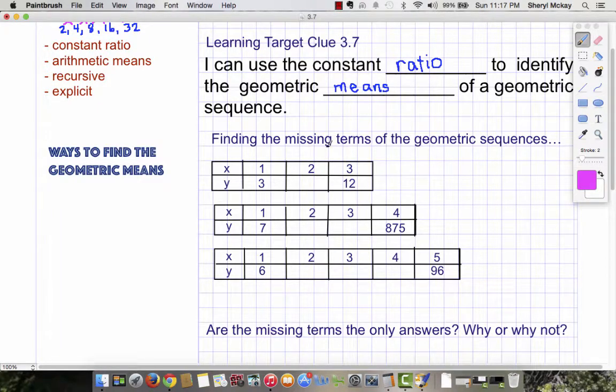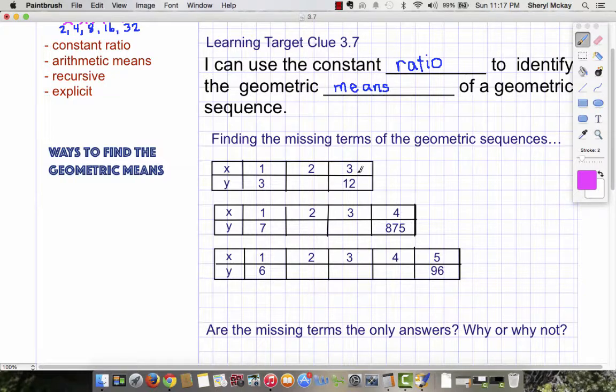Here we have: find the missing terms of the geometric sequences. So our first one, we have 3 terms. The first term is 3, the second term we don't know, and the third term is 12. Now remember, a geometric sequence is going to tell us not what we're going to add or subtract, but what are we going to multiply or divide by.